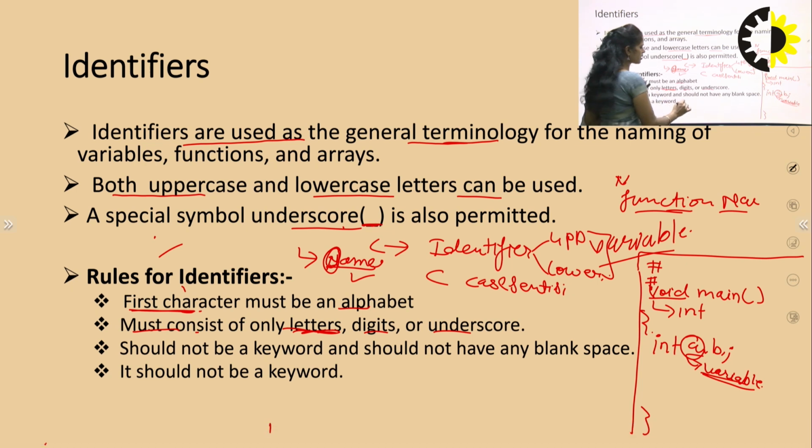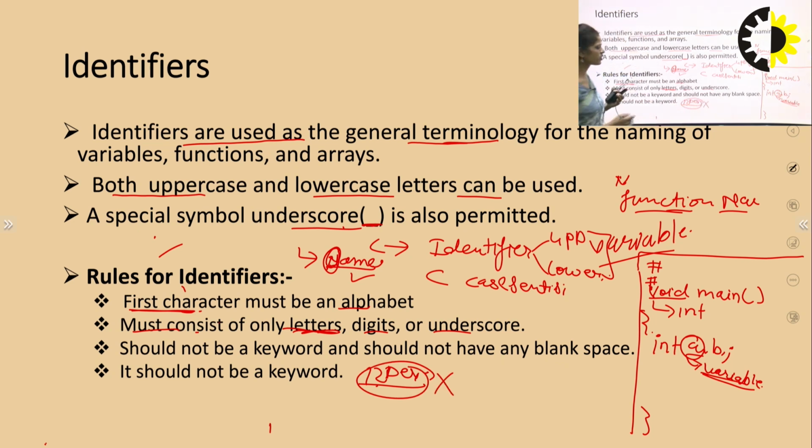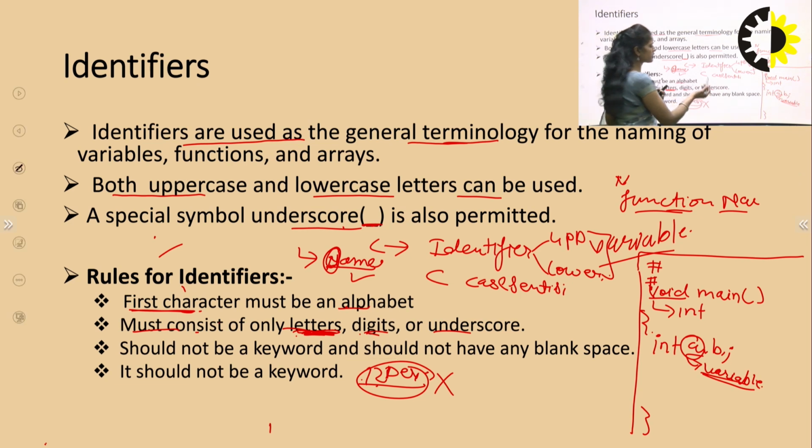But if I say 123Dev, just for example, this is not a valid identifier, because the condition is that an identifier always starts with an alphabet, right? It may be a combination of these particular terms: you may combine letters, you may combine some digits, and you may combine some underscore symbols.